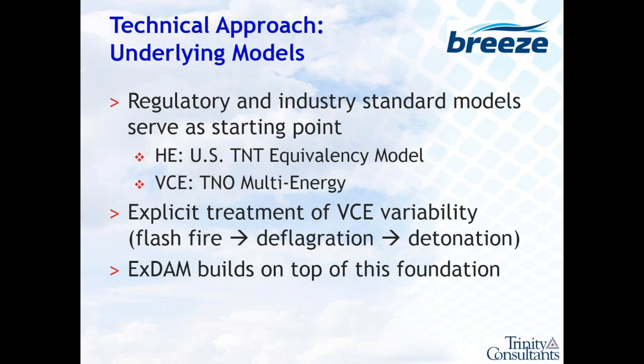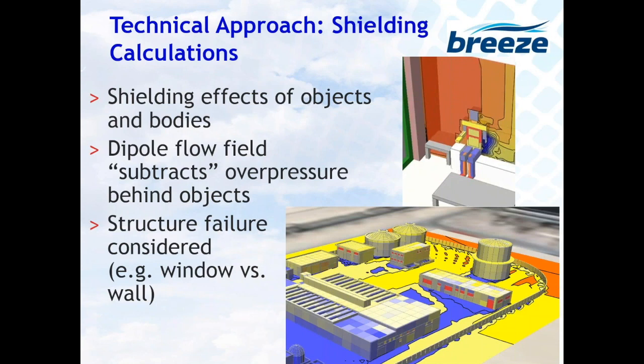So we need a dedicated model that can capture that variation. So ExDAM starts with those models as the foundation, and then it builds on top of that. The first thing it adds is shielding. So it takes essentially the open area blast wave, and then adds in the shielding effect of any objects that are going to block that blast wave.